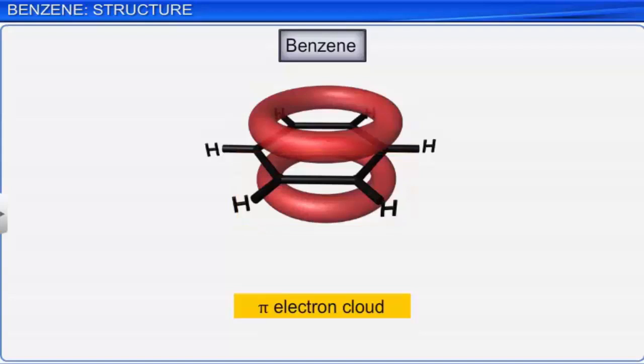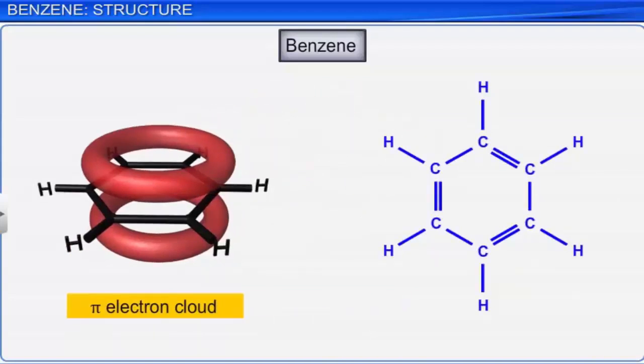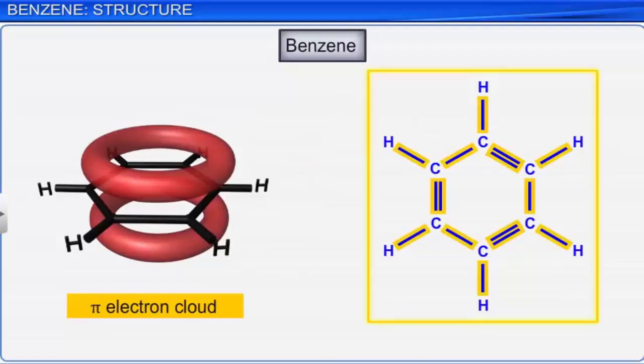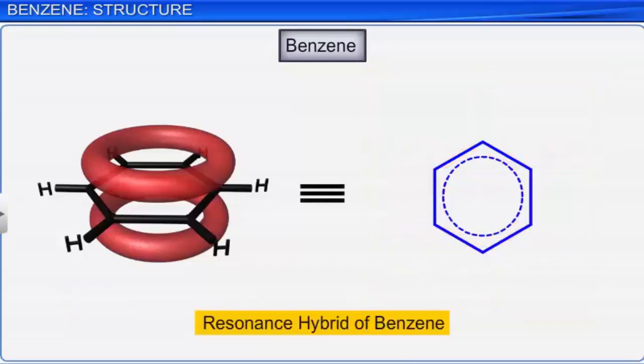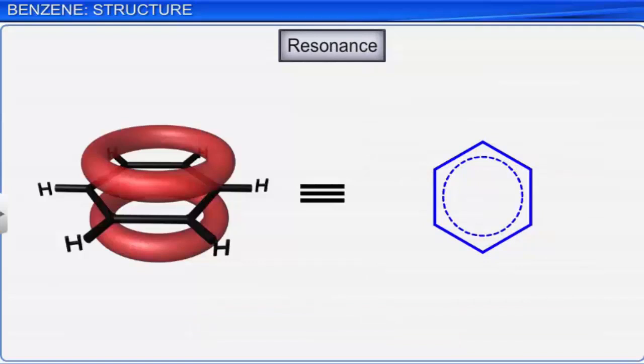This delocalized pi electron cloud makes benzene more stable than the hypothetical cyclohexatriene. Hence, this is the resonance hybrid of benzene. We know that the stabilization of benzene takes place due to resonance, which is also responsible for its aromatic character.